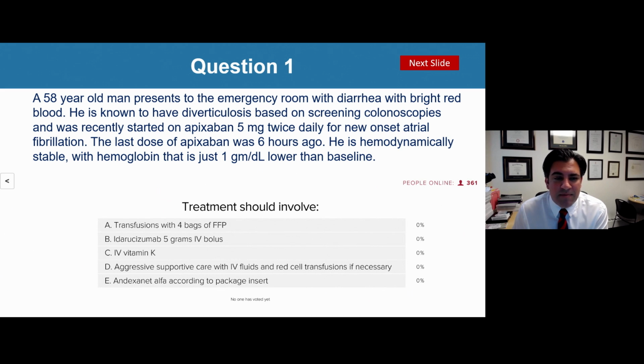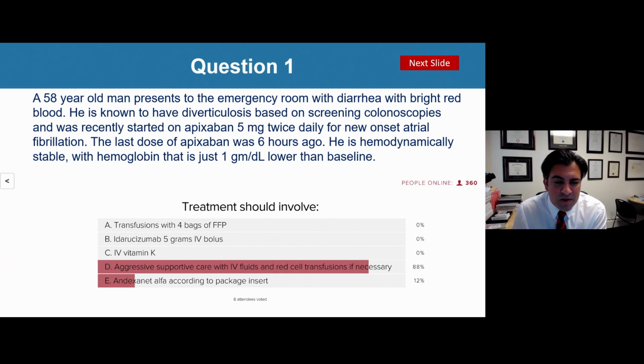He is hemodynamically stable with hemoglobin just 1 gram lower than baseline. Treatment should involve A, transfusions with 4 bags of FFP, B, idarucizumab, 5 grams IV bolus, C, IV vitamin K, D, aggressive supportive care with IV fluids and red cell transfusions if necessary, or E, andexanet alfa according to the package insert.